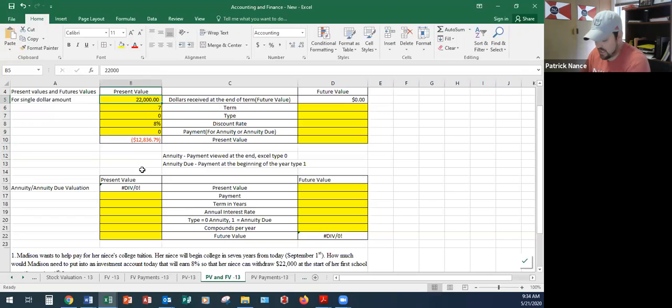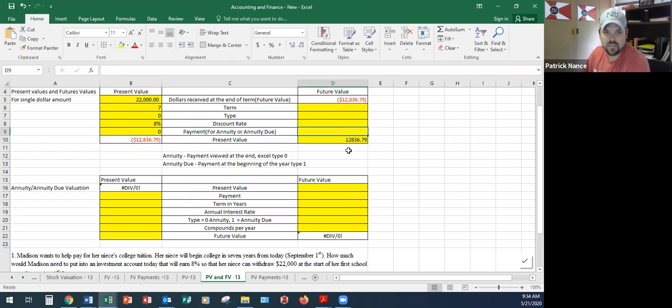So the answer is that the aunt would need to invest $12,836.79 into an account that returns 8%, and at the end of 7 years it will be the $22,000 that we're hoping for. Now you can always check this to confirm that's true by basically filling out the answer you got, 12,836.79.